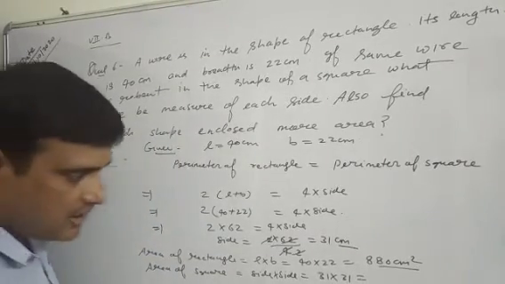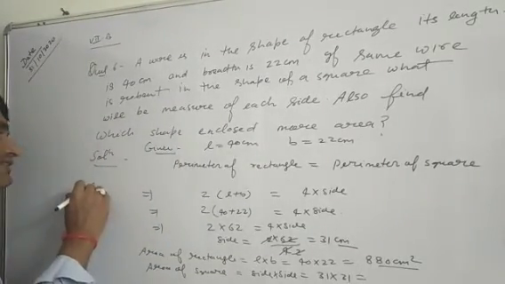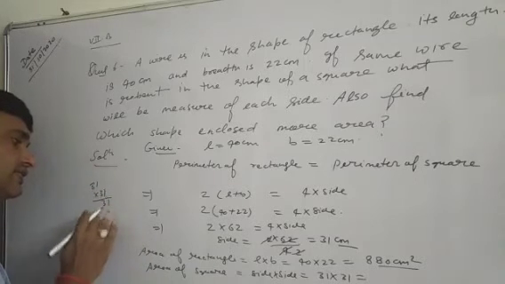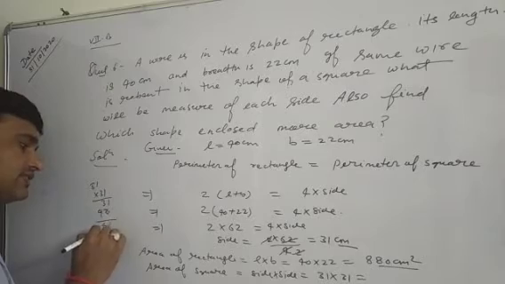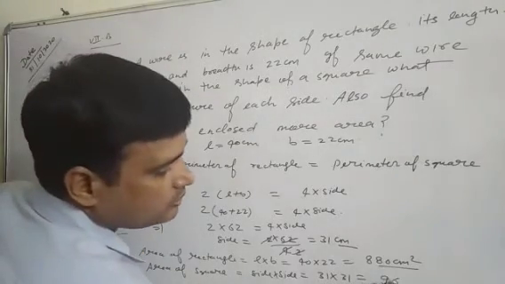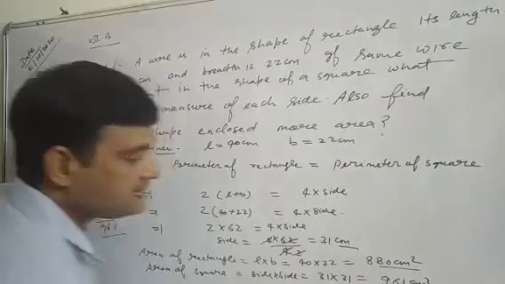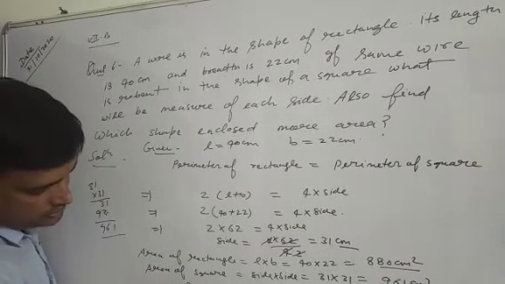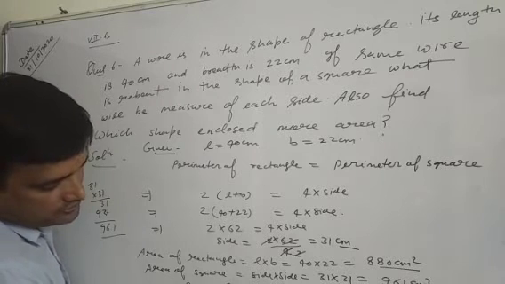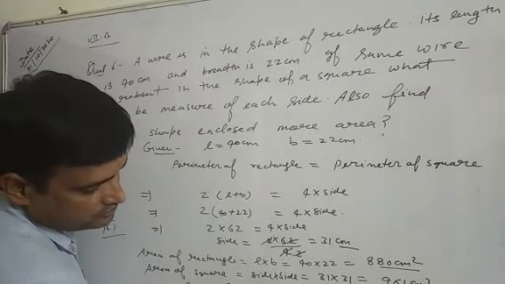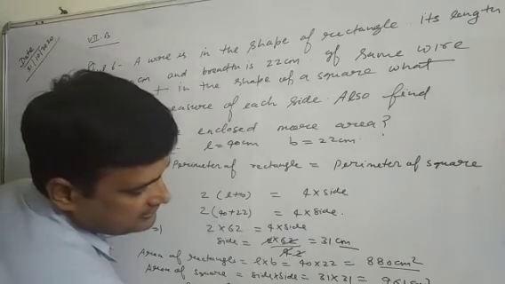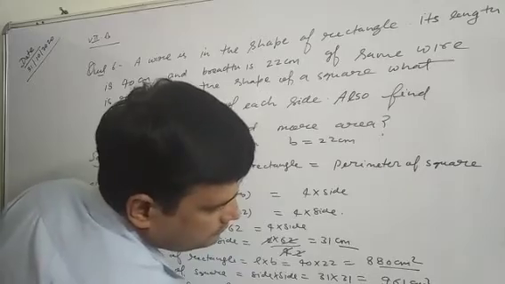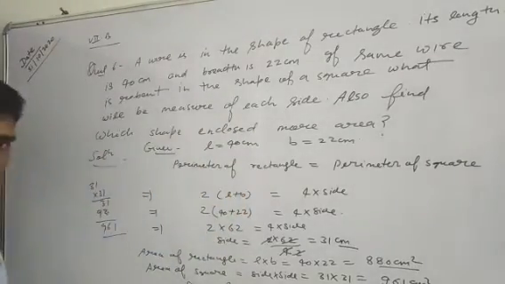We get how much? 961 centimeter square. Here you see that the square has more area than the rectangle. Okay.